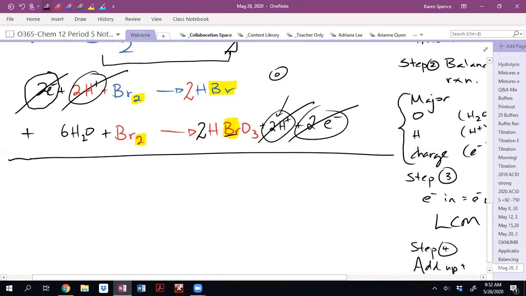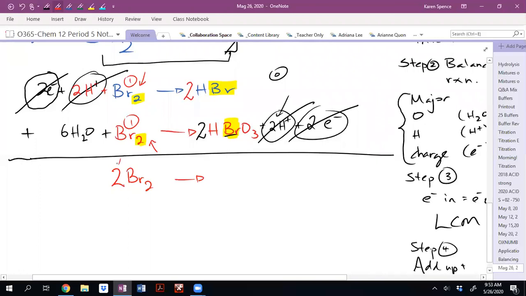And then finally, we need to add things up. One thing that I've noticed sometimes people like to do is they want to cancel this bromine on the top with this bromine on the bottom. Can we cancel those 2 bromines? No, because they are both on the same side. So instead of canceling them, we're going to end up with 2 Br2 here because we have 1 up here and we have 1 here.